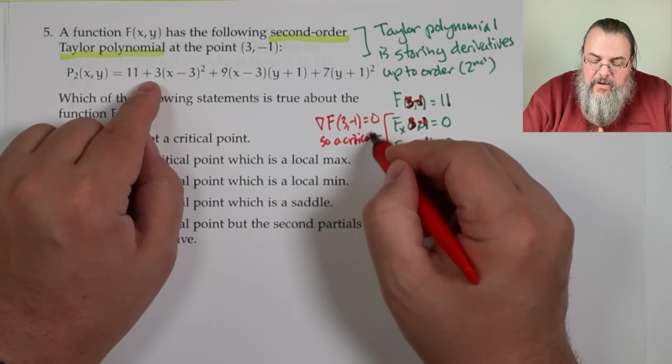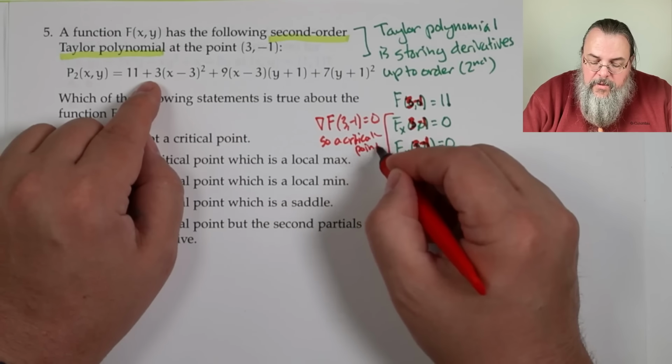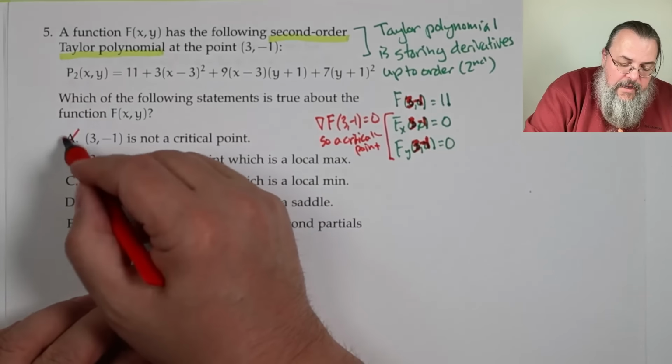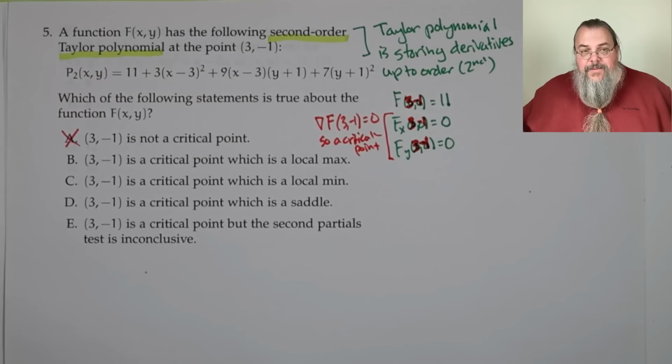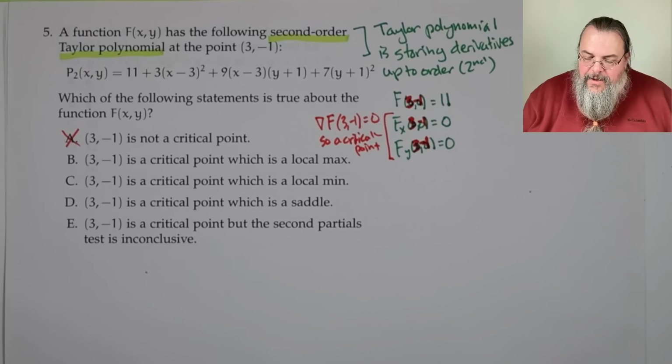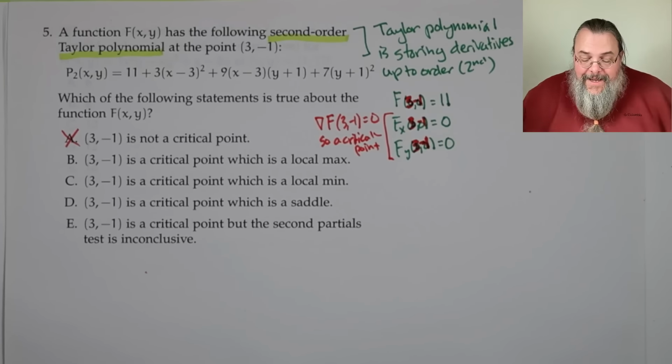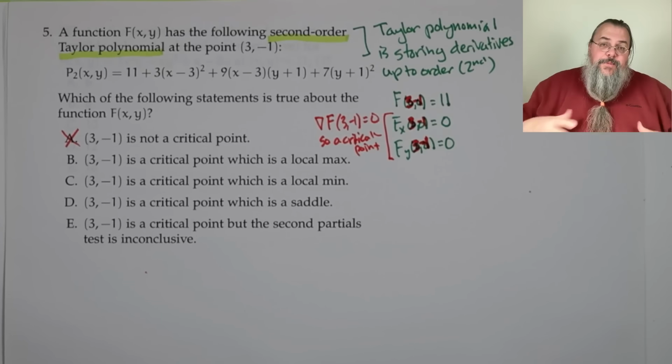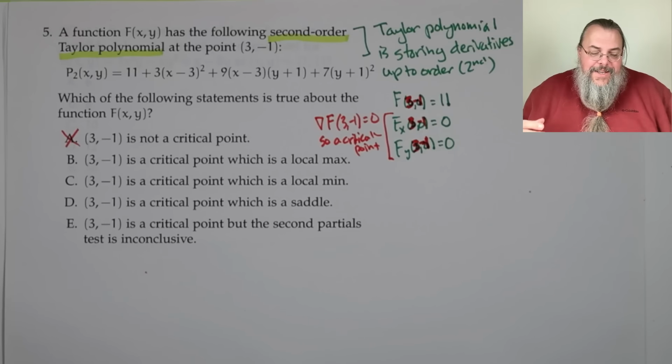That rules out A, because A says this is not a critical point. Now that we know it's a critical point, we go into classification.